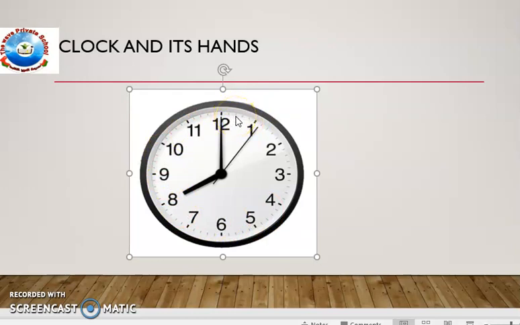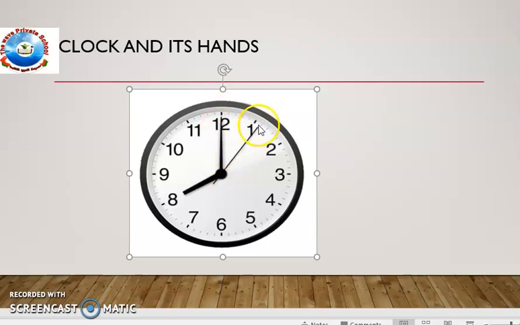Also in this analog clock there are 3 needles, 3 hands. This is the biggest hand, this is the smallest hand, and this one is the lighter hand. This small hand we can call an hour hand, this bigger hand we can call a minute hand, and this lighter one is the second hand.